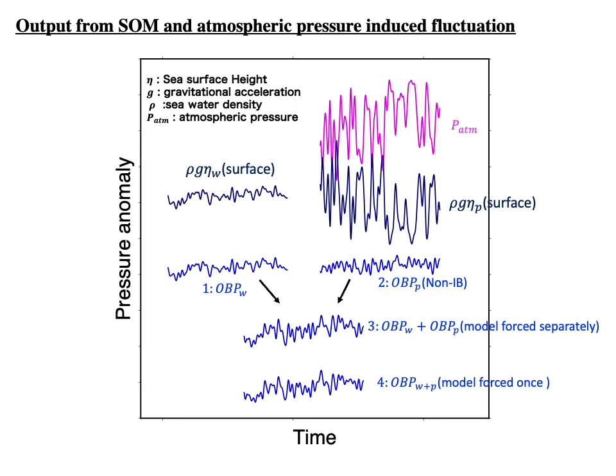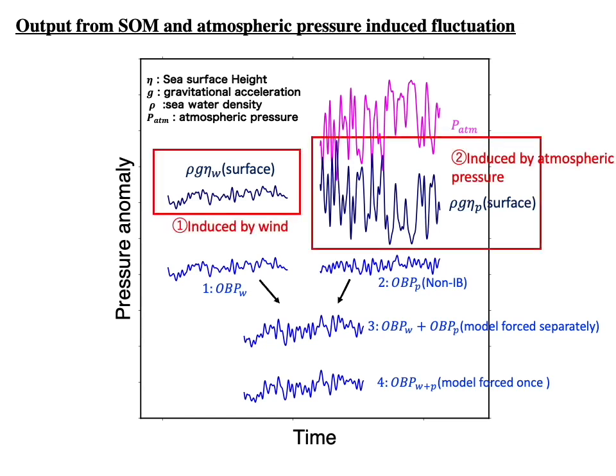In the previous slide, I explained the modeled OBP by using equations, and in this slide, I use output time series of SOM, and I will visually explain. SOM is driven by two external forcings, wind force and atmospheric pressure loading, and time step value of sea surface height is output.